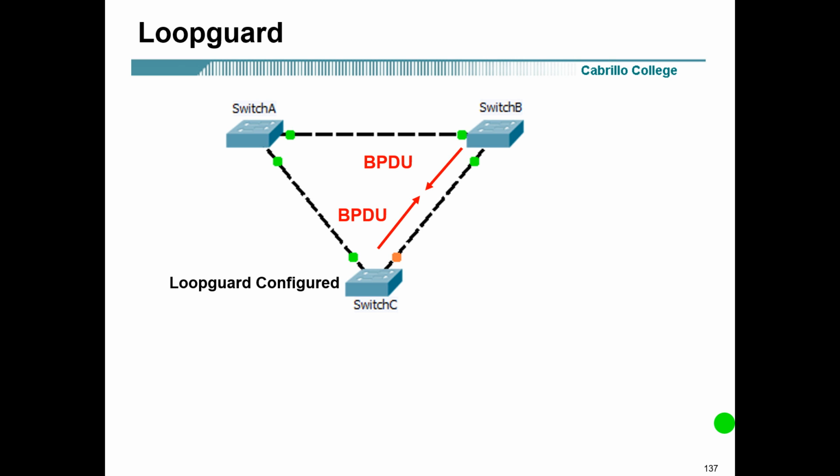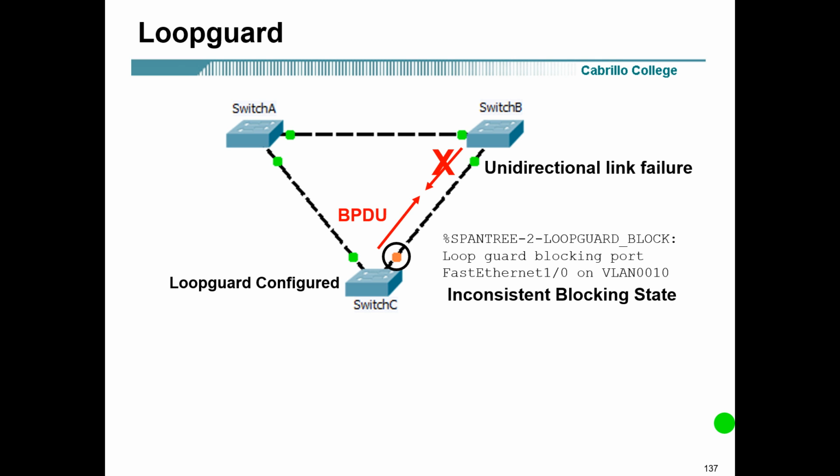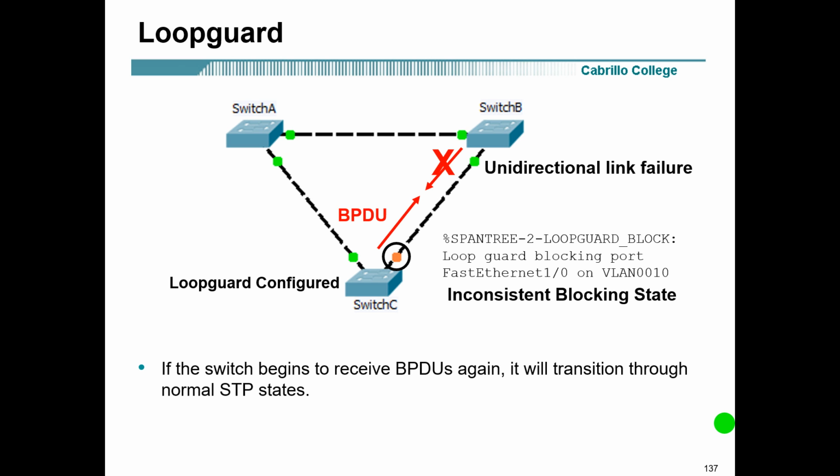With loop guard though, it should detect a unidirectional link failure, and it should get a loop guard block or an inconsistent blocking state error.